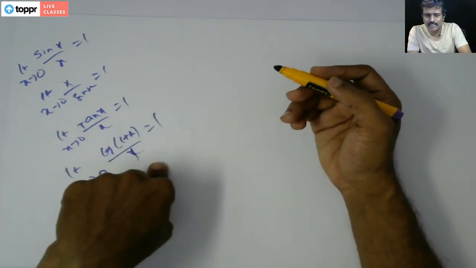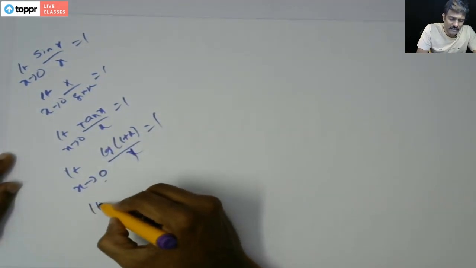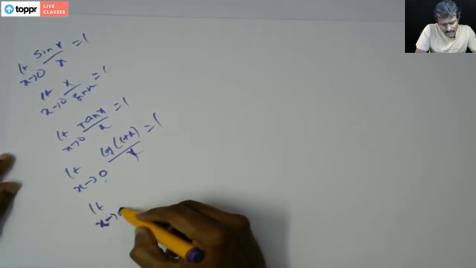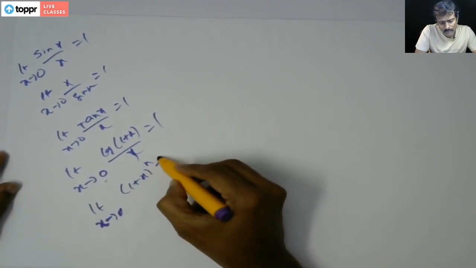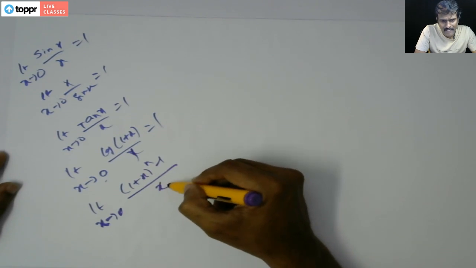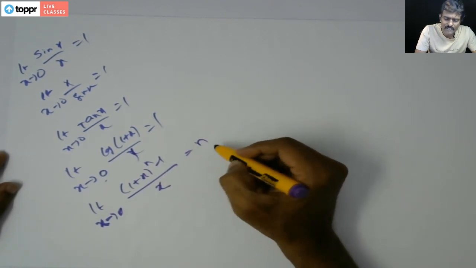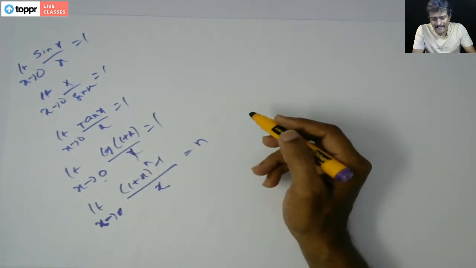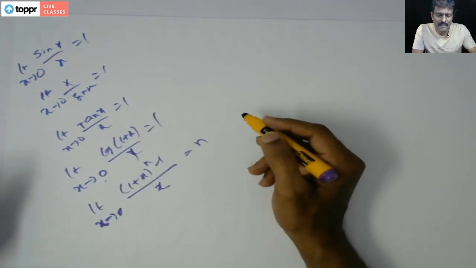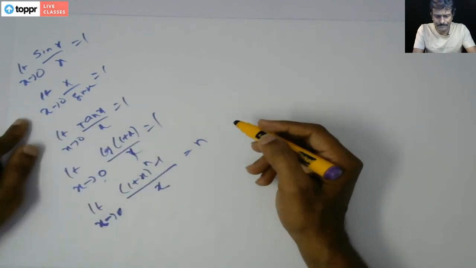And then limit x tends to 0, (1 + x)^n - 1 by x will be simply equal to n. This is again the binomial expansion; if you use it and simplify, you will end up with this.